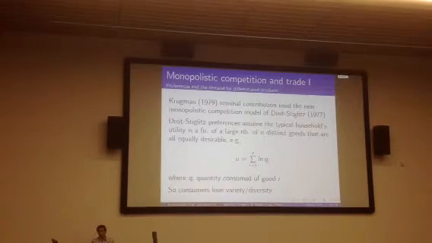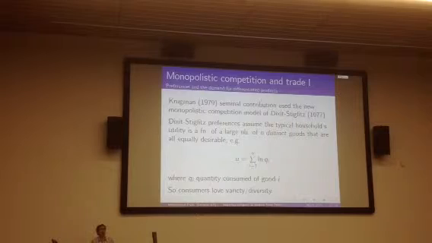So, Paul Krugman, I think all of you know who Paul Krugman is, he writes very, very regularly in the New York Times and so on, has these blogs and so on, but in terms of his academic work, Paul Krugman is known for his work in international trade.